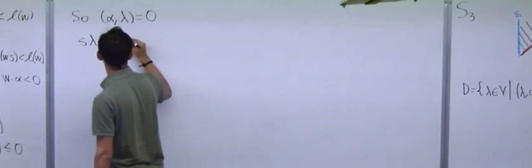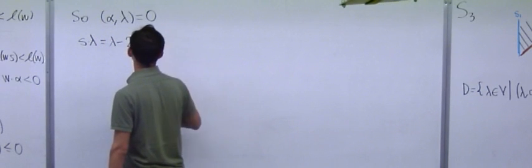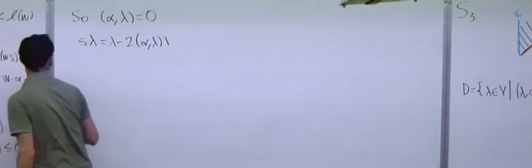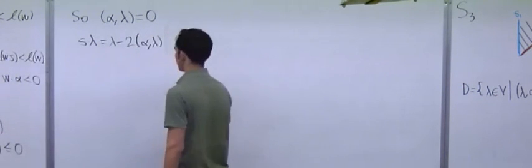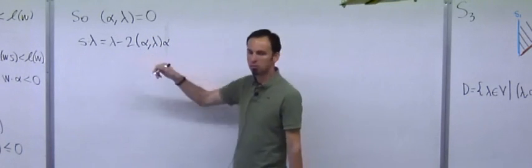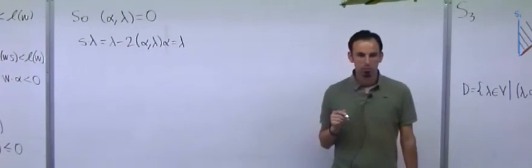Lambda minus 2 times the inner product of alpha comma lambda alpha. Okay. But this is 0, and so what I proved is that S lambda is equal to lambda. Okay.